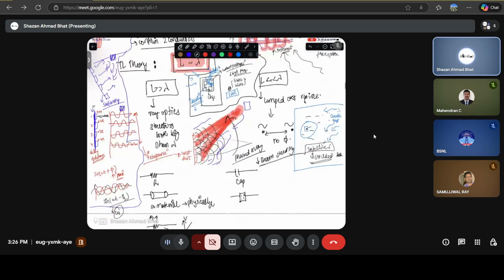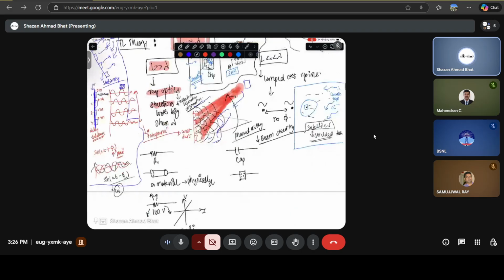And if you have a length scale which is much greater than lambda, you have ray optics. That means your normal rules of reflection, refraction, even diffraction, are all applicable at this length scale.